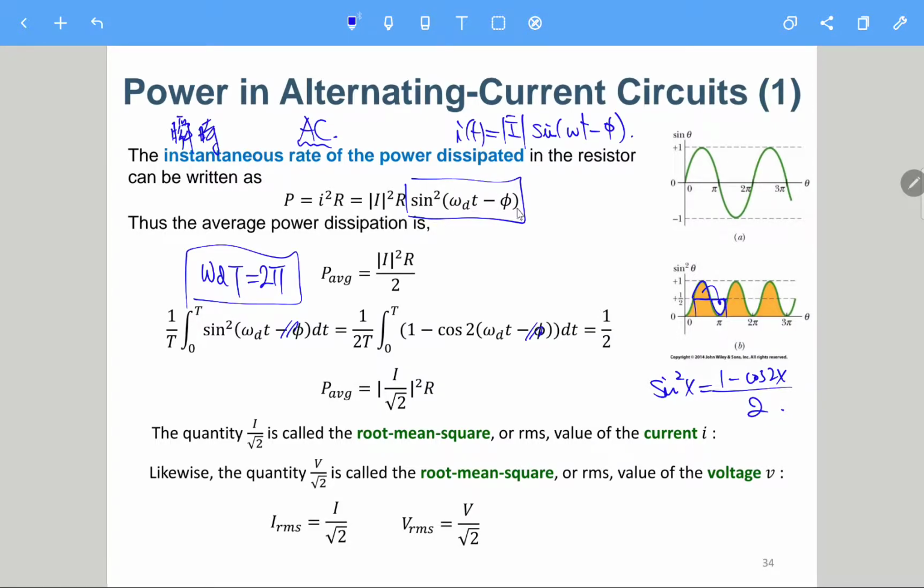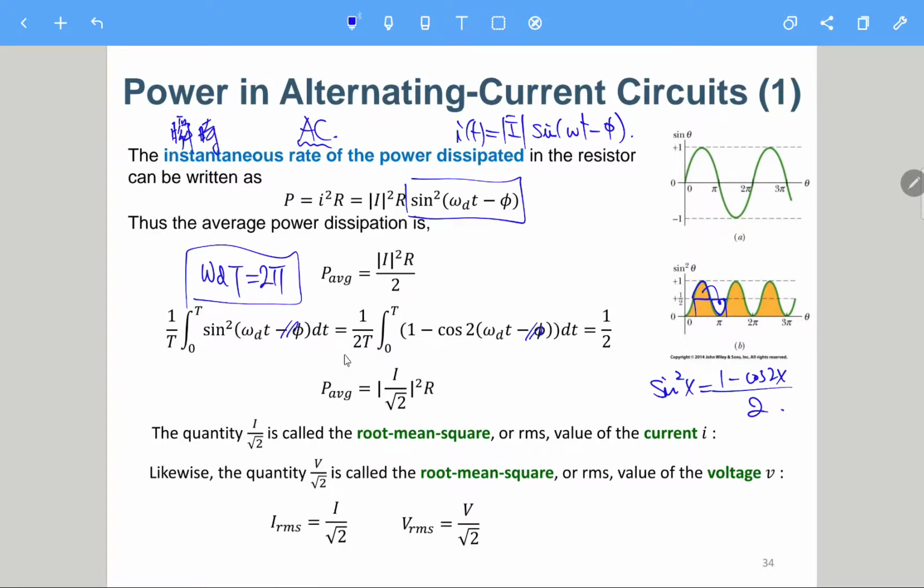As long as we integrate this part and finally multiply by this factor, it will be the average power. But first, we only care about the average of this part divided by the total time. So this is just like the average value of sine squared over a period, so we need to divide by T.